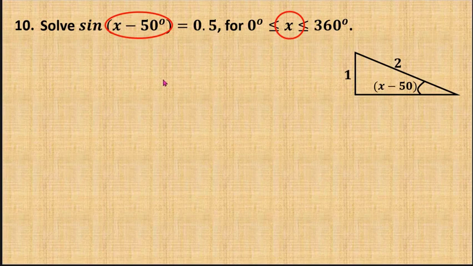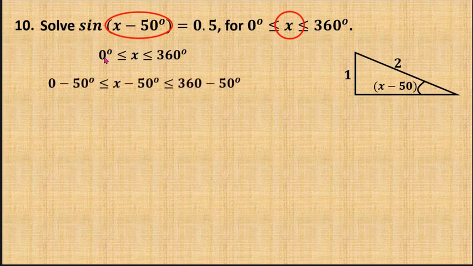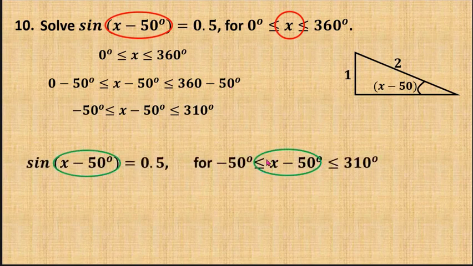Given that x is from 0 to 360. So in order to get the range of x minus 50, all the values in the range must be minus 50. So 0 minus 50 is equal to negative 50, and 360 minus 50 is equal to 310. So now I got the range of x minus 50.